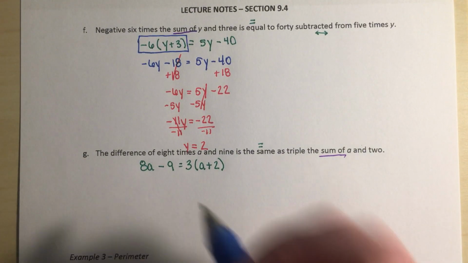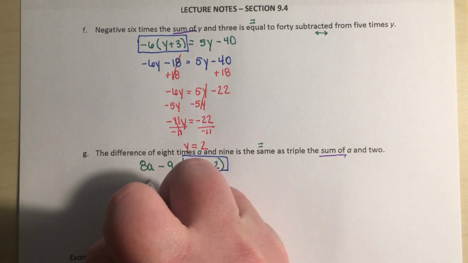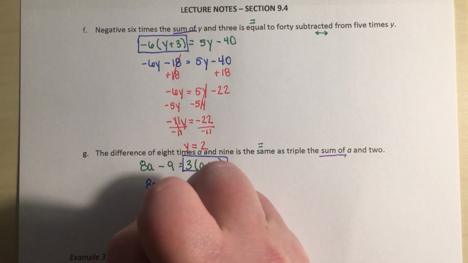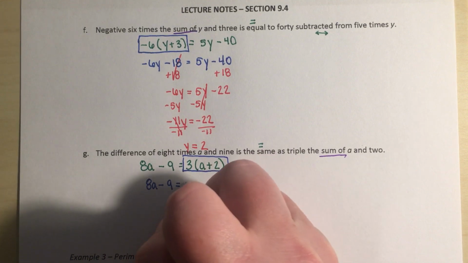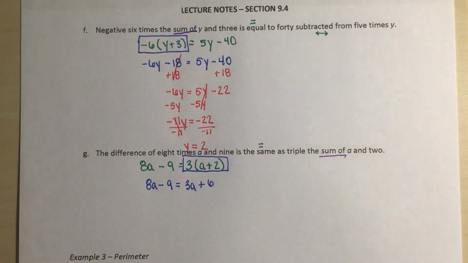Just like we did in the previous example, first thing we're going to take care of is our distributive property. 8a minus 9, 3 times a is 3a, 3 times 2 is 6.